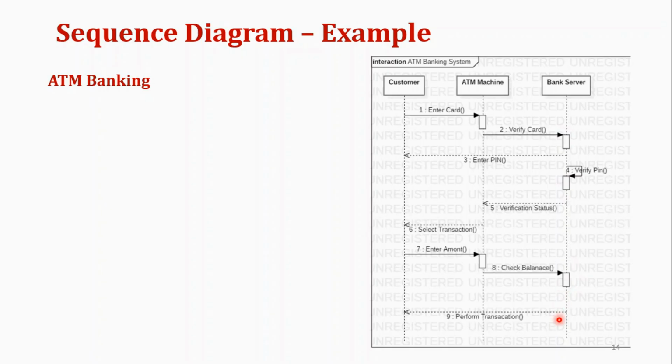Finally, once the transaction is over, it sends back the perform transaction message to the user. So the activation bars and lifelines and a series of actions happening one after another, new object creation, new function invocation, status update, everything is represented as a one by one activity in a sequence diagram.